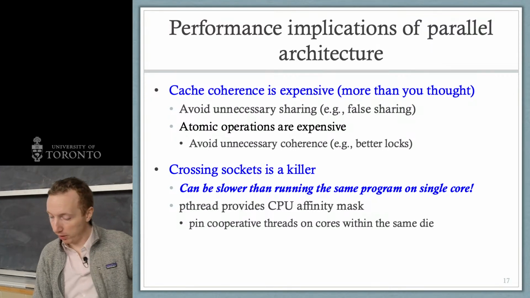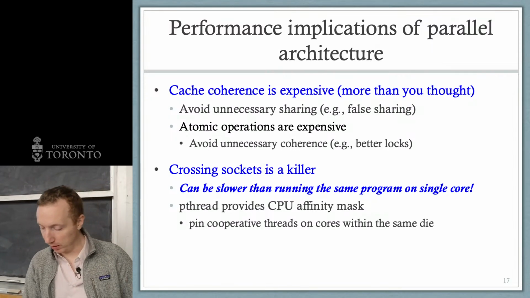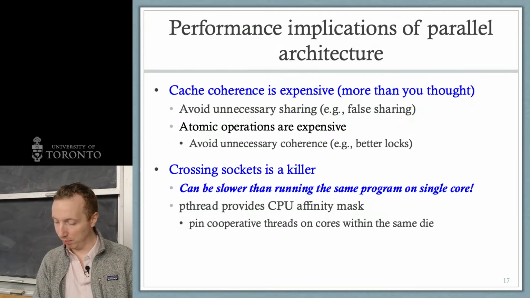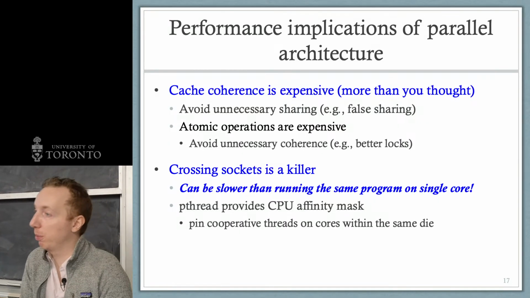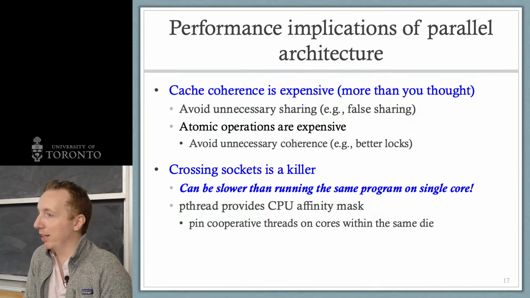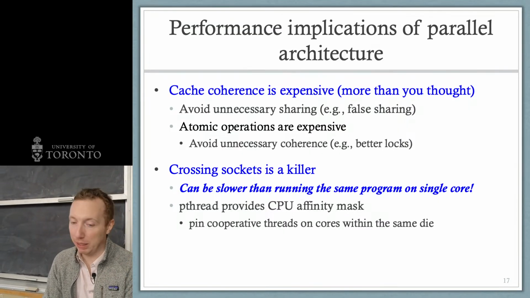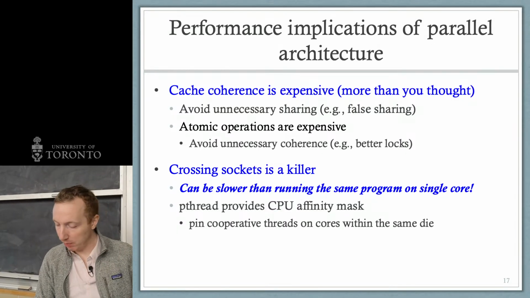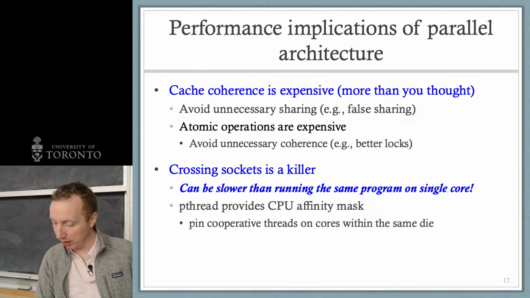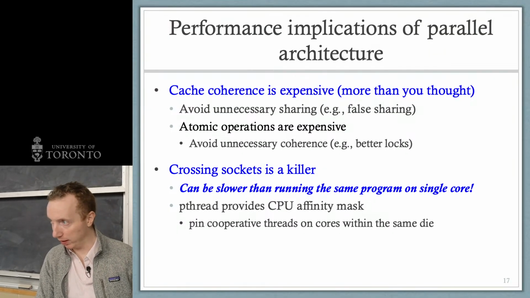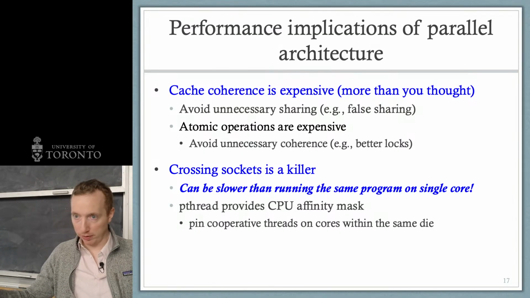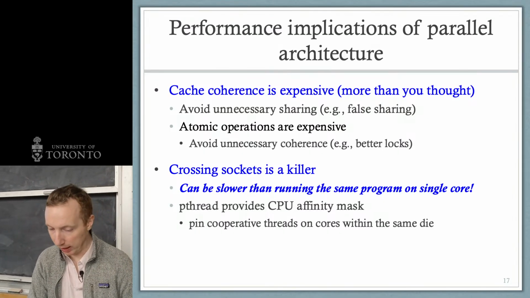So some other implications of this parallel architecture: cache coherency was expensive. It's also more than you thought. If you have false sharing, your performance will tank by probably like 10x or something like that. It will be bad. So atomic operations are also somewhat expensive. So for implementing better locks, we might want to avoid unnecessary coherence updates and things like that.